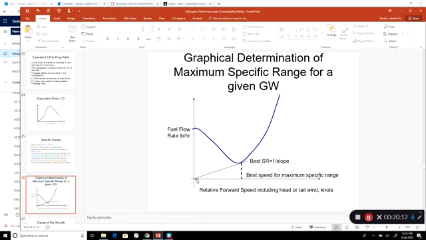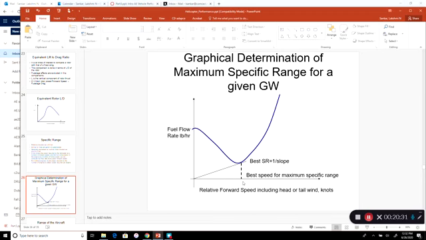So it turns out for the best range is where this touches it, because you're flying the fastest and you're burning the slowest amount of fuel. So you have a chance of staying up in the air longer, traveling faster. So draw a tangent to the curve.